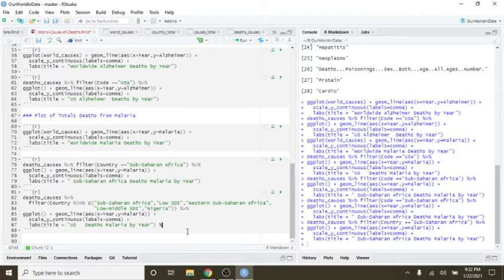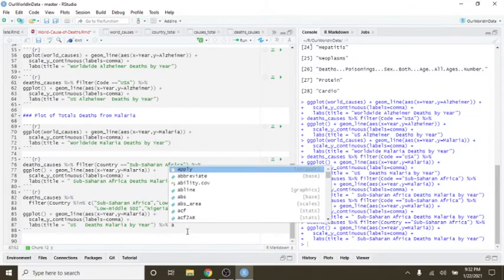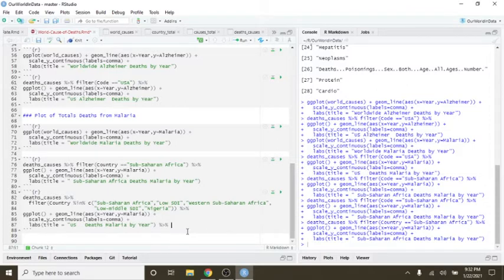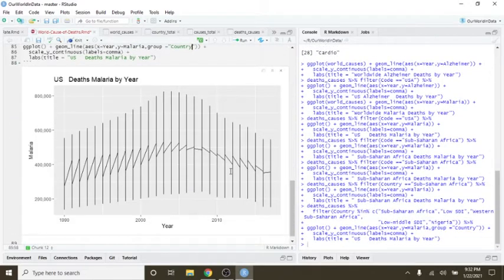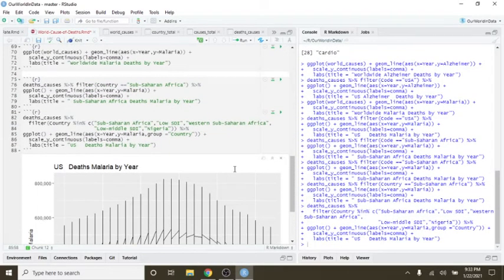Let's try starting with a, well, let's see when we do this. Well, that didn't work so well, did it?